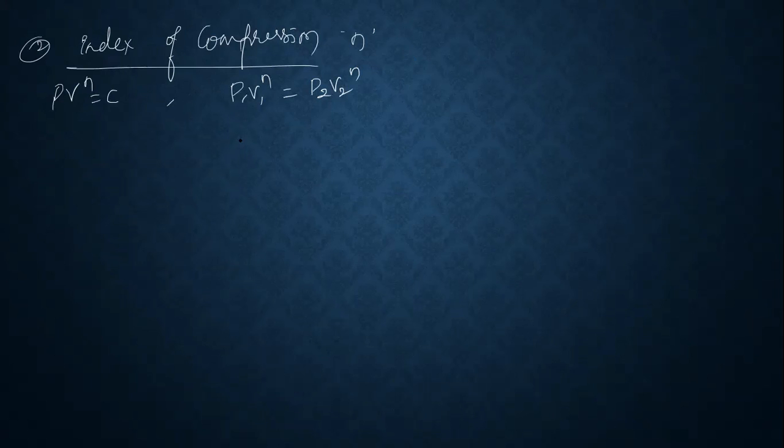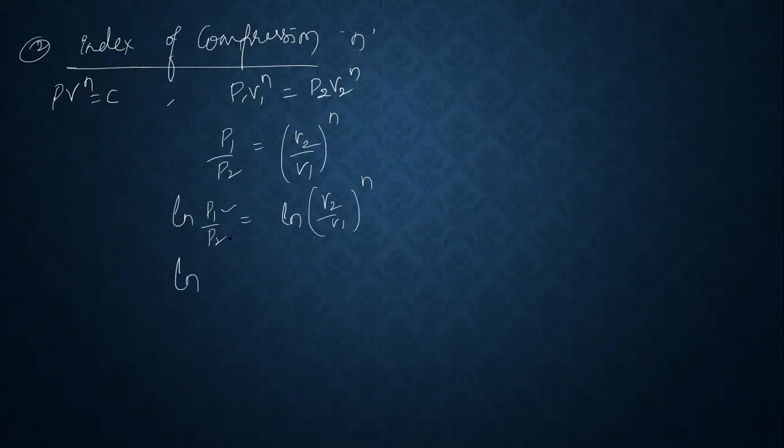Therefore, I can write in the form of ratios, that is pressure and volume ratios: P1 by P2 is equal to V2 by V1 whole to the power of n. Now, taking ln on both sides, ln P1 by P2 is equal to ln of V2 by V1 whole to the power of n. Now you know the values P1, P2, V1, V2. The only unknown term here is n.